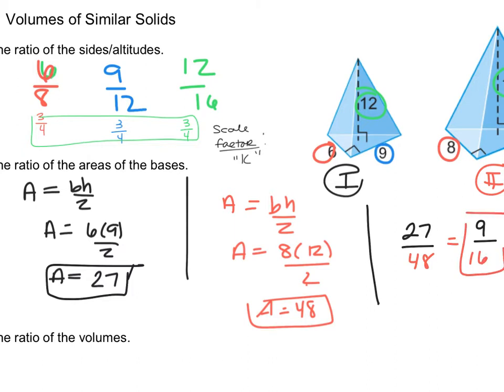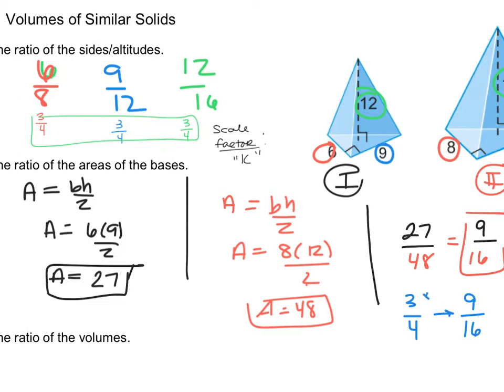And when we did this type of lesson, when we did similarity weeks ago, before we closed schools, we looked back to our original ratio. My original ratio was 3/4. How do I get 9/16 from 3/4?